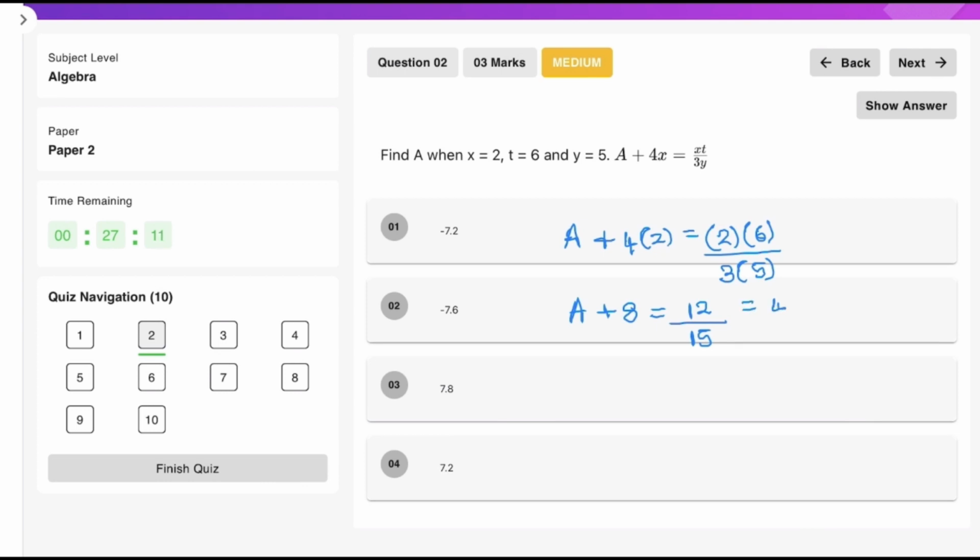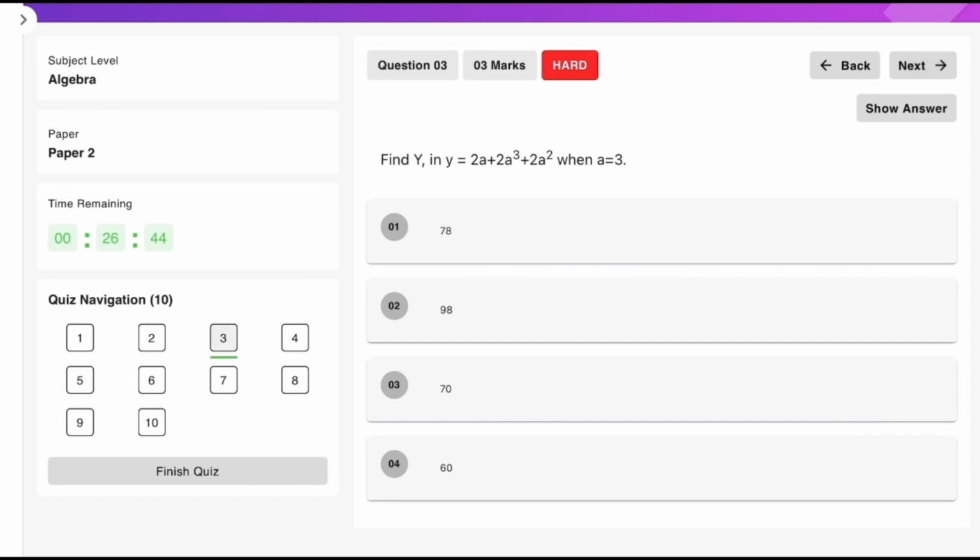So that is 4 over 5 if we divide it by 3, and then we can take the plus 8 to the other side, which becomes negative 8. So 4 over 5 is actually 0.8 if you want to write it in decimal form. So when I subtract, this is going to be negative 7.2, which is option number 1.